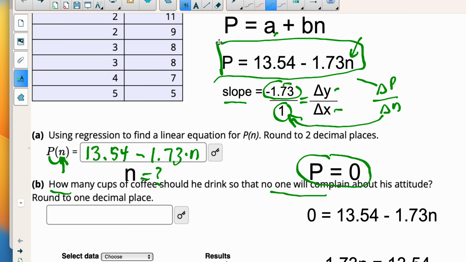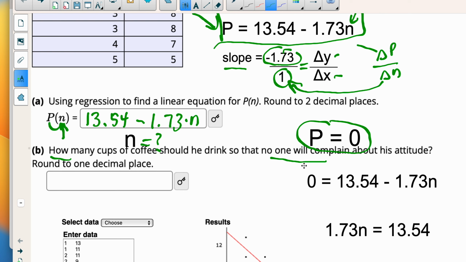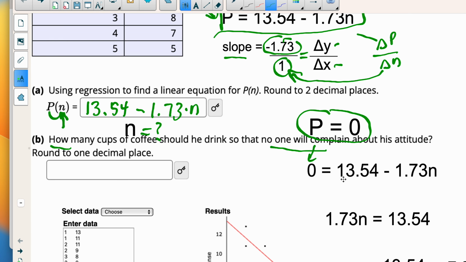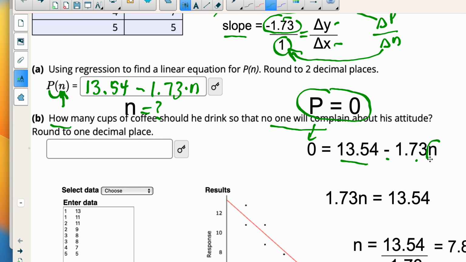So we're just taking this equation and plugging in what we know, which is P. P equals 0. 0 equals 13.54 minus 1.73 times N. We want to solve for N.